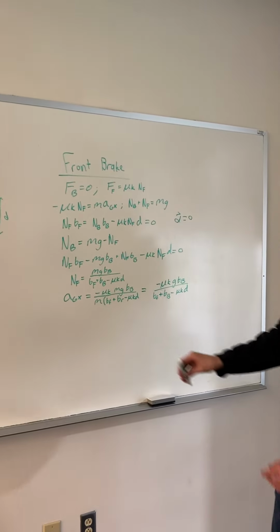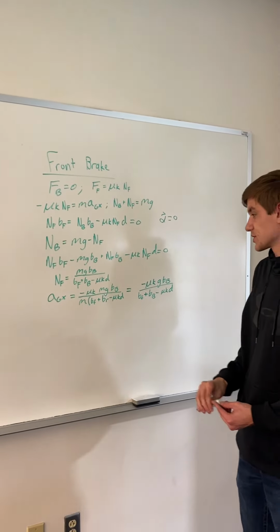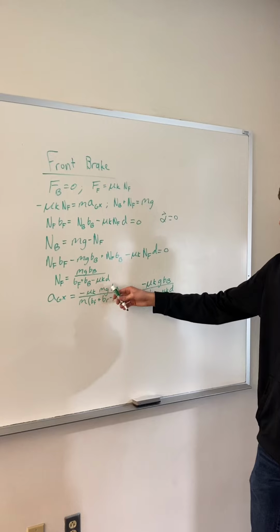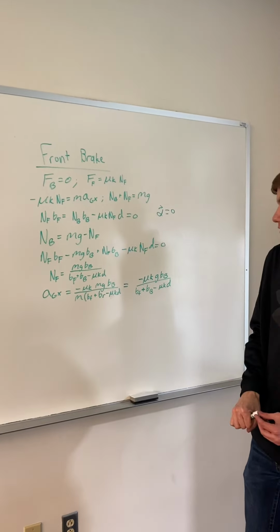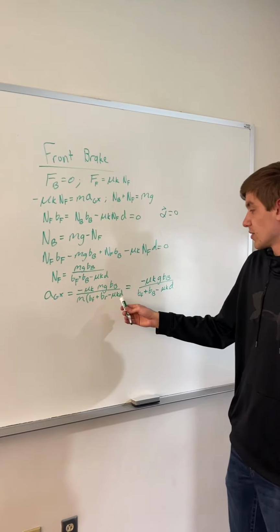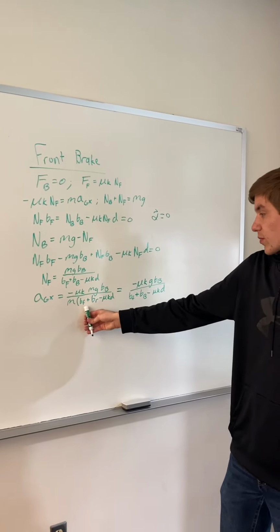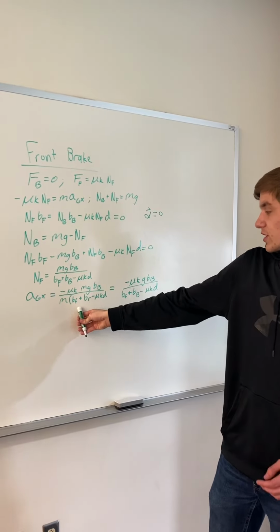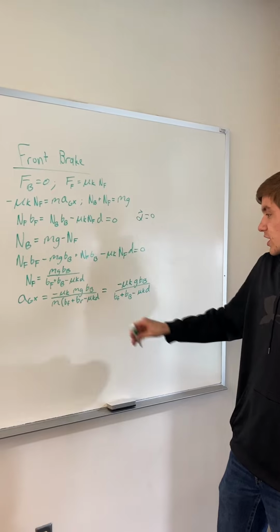Now solving for this acceleration, just again going through the system of equations, we're going to get negative friction times mass times gravity times the back brake distance divided by mass times front brake distance plus rear brake distance minus friction times d.